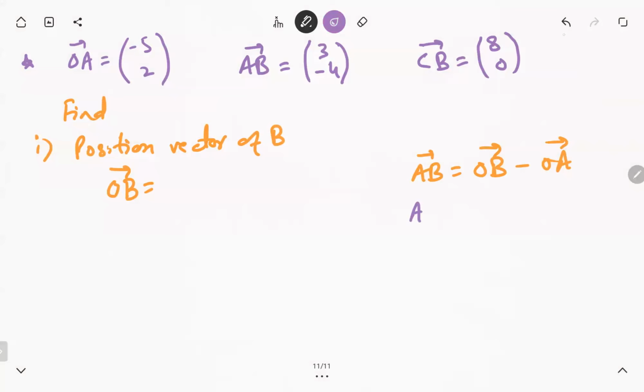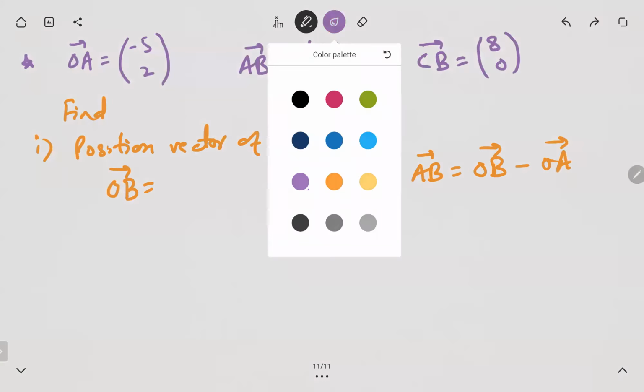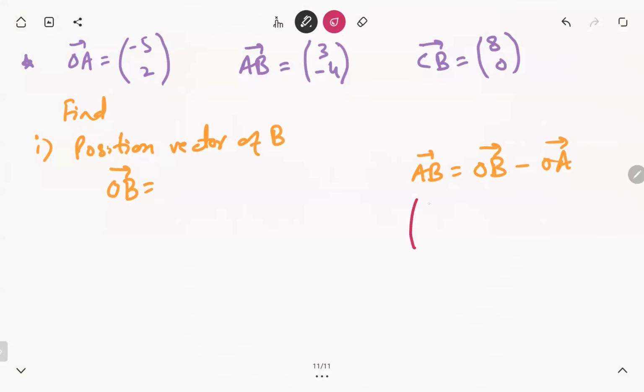So AB, we know vector AB here. It's 3, -4. So vector AB is 3, -4. OB we are looking for. OA is -5, 2, given in the question.